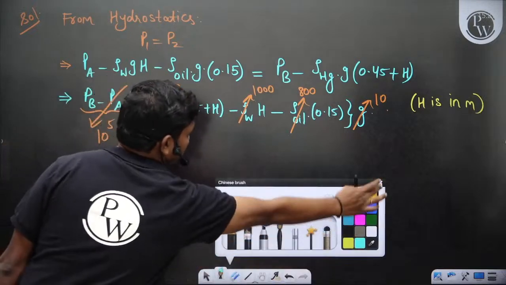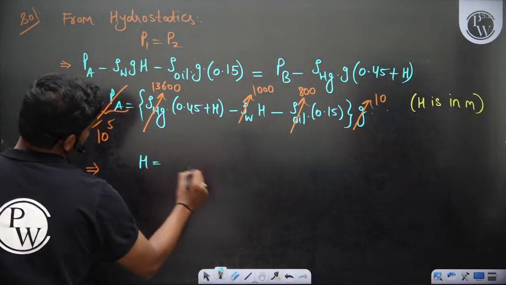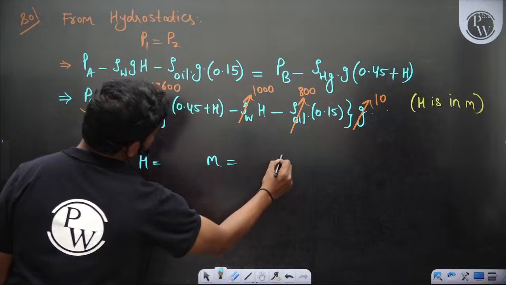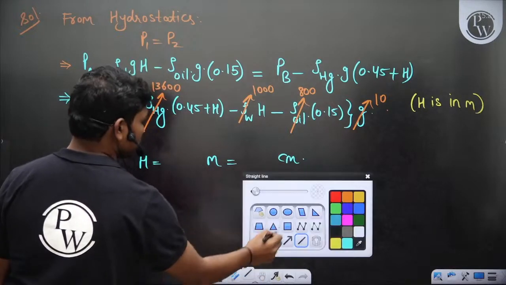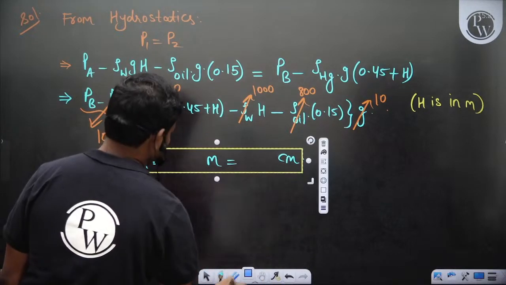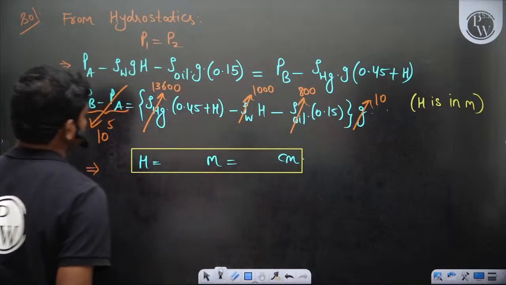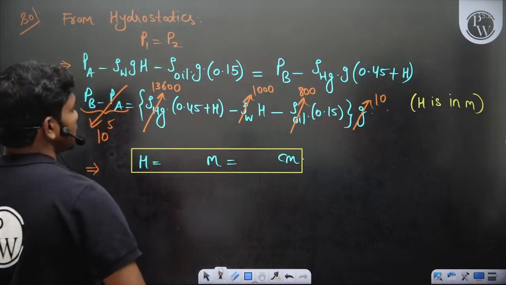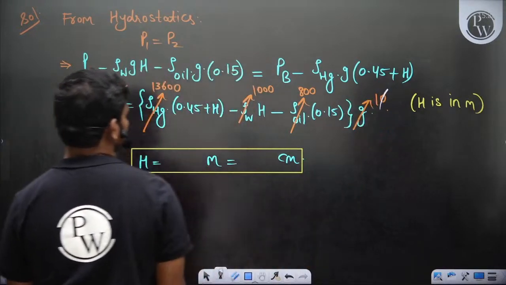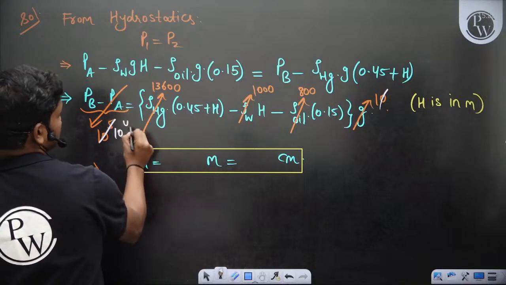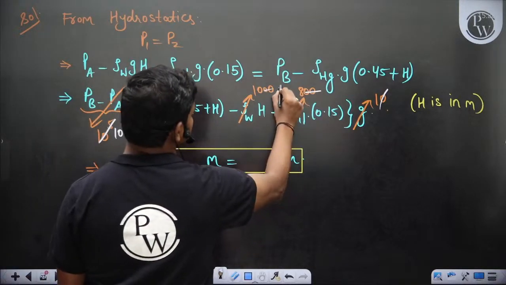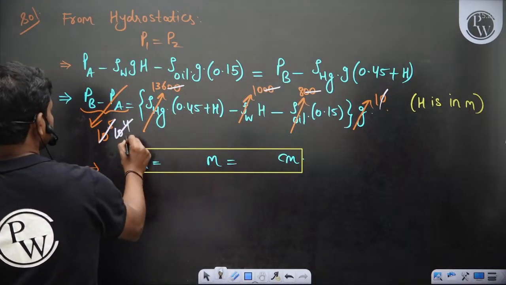So let's solve. If you solve this equation, you will get the answer of H in meters. You can get that in centimeters, but let us solve carefully. So let's start from here. 10 times 10 gives 10 to the power 4. Then 2 zeros in every value makes this 100.